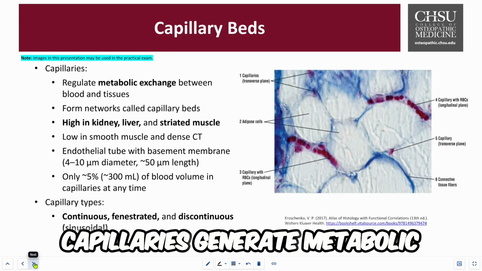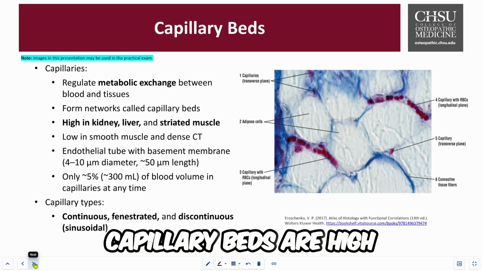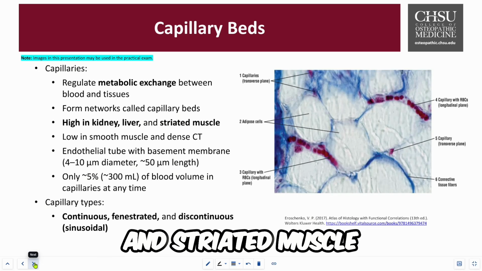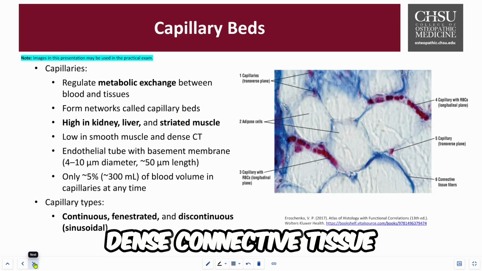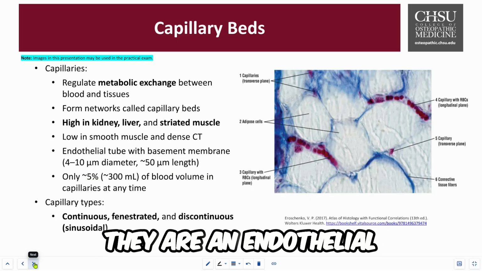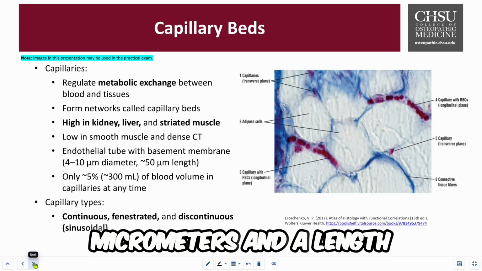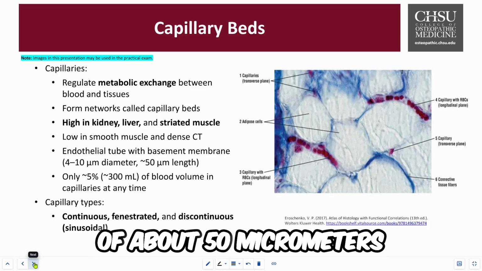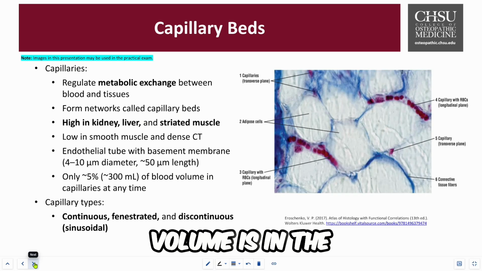Capillaries generate metabolic exchange between the blood and tissues and form networks called capillary beds. Capillary beds are high in kidneys, liver, and striated muscle, while they are low in smooth muscle and dense connective tissue. Structurally, they are an endothelial tube with a basement membrane, with a diameter of about 4 to 10 micrometers and a length of about 50 micrometers. At any given time, only about 5% of the body's blood volume is in the capillaries.